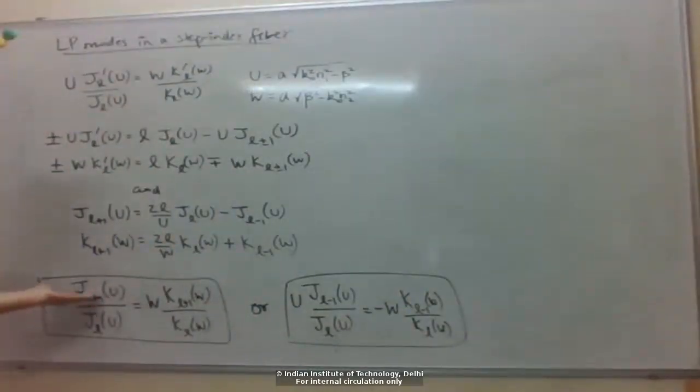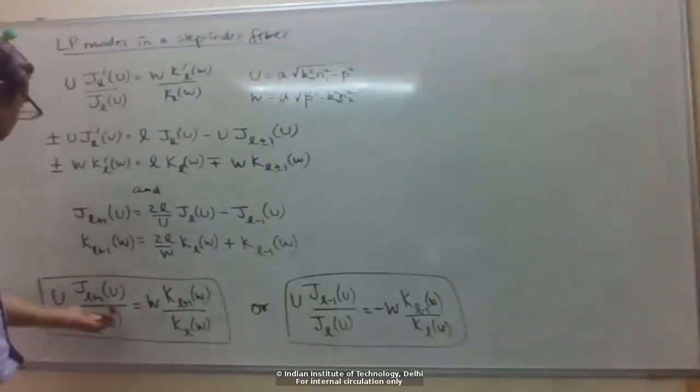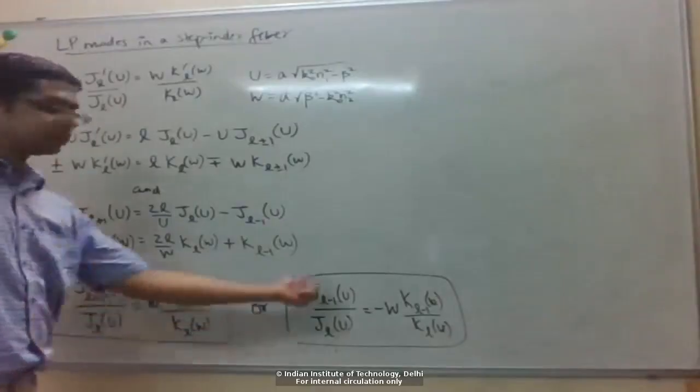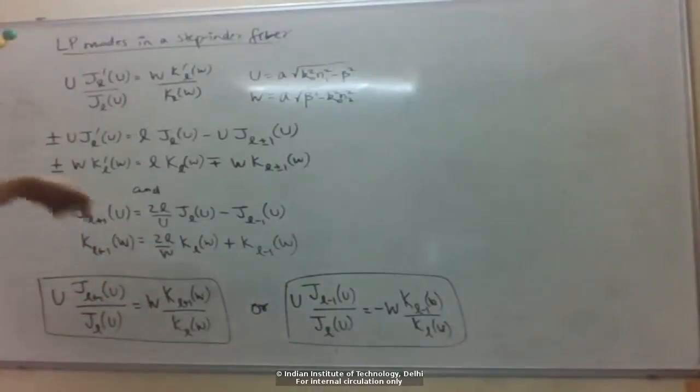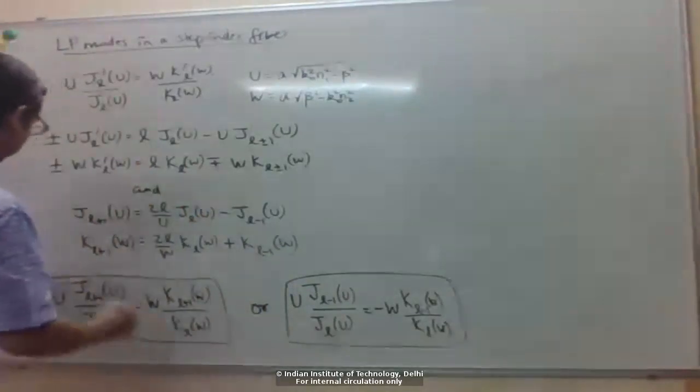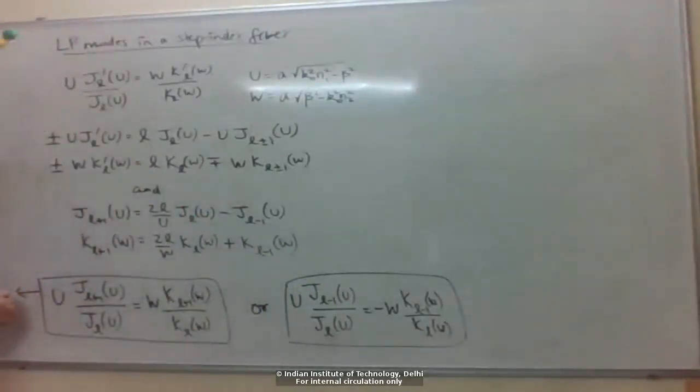So basically the ratios of successive orders of Bessel functions. For different L values, we get different equations and different solutions, so the beta values for different L values are different. We have these two forms, which are both equally valid. But typically, for L equal to 0, we use this one, where we get J1 by J0 here, or K1 by K0.